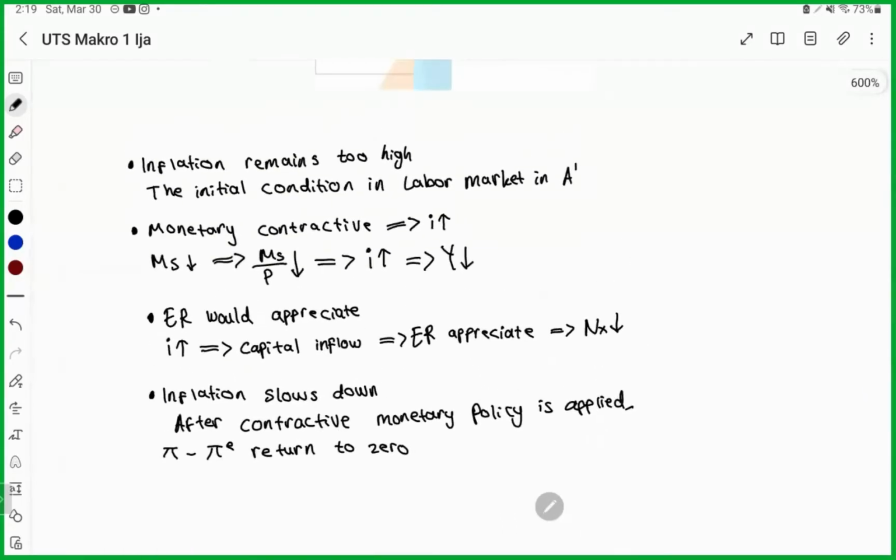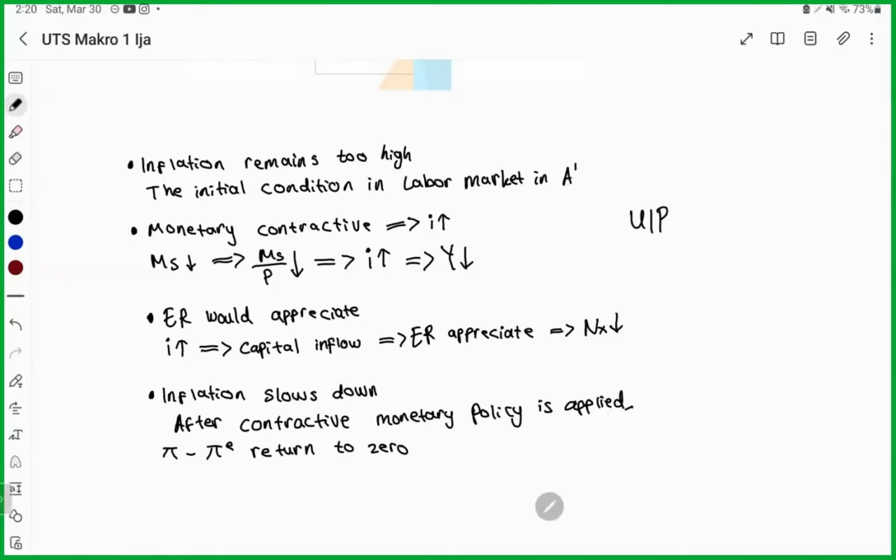And then you could also elaborate on the exchange rate market. Because the interest rate is increased, it means there are capital inflows. Why does capital inflow occur? It is because of the UIP equation, aka the uncovered interest parity equation.